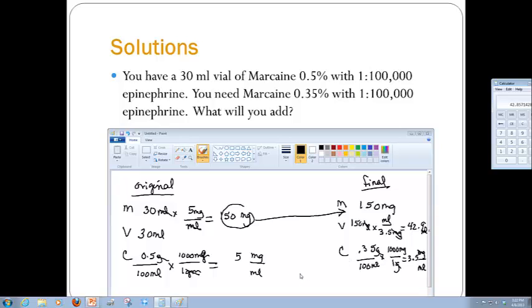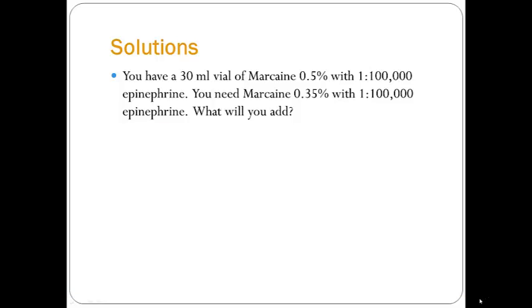We know that we're adding diluent because we're going to a less concentrated solution. So 42.9 milliliters in the final solution minus the 30 milliliters that we had in the original solution tells us that we're going to add 12.9 milliliters of normal saline or D5W or whatever your diluent is. That's how you correct for the Marcaine.